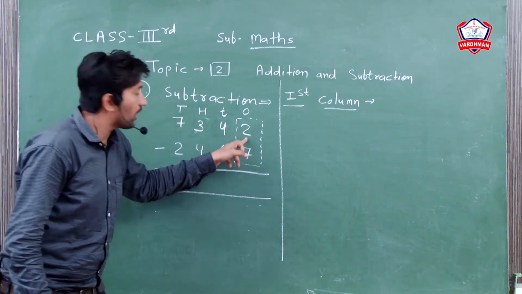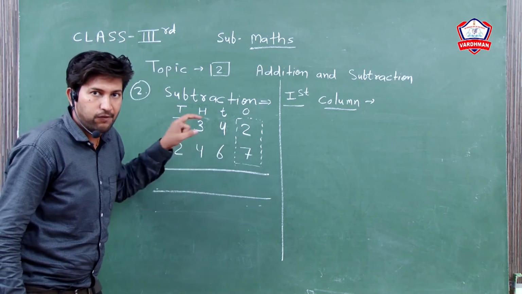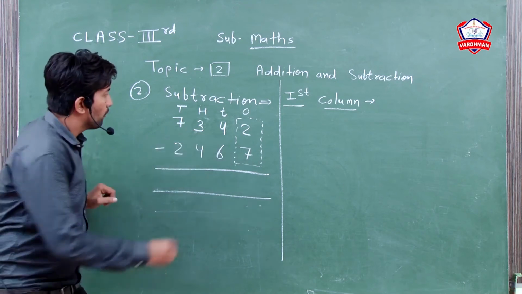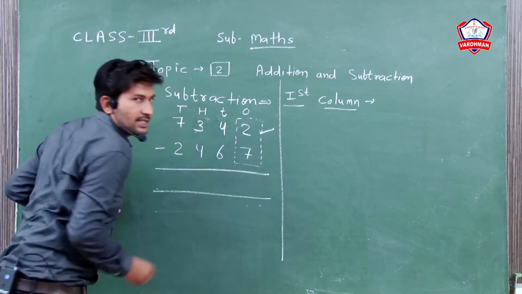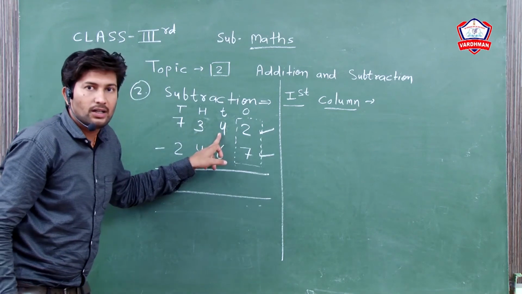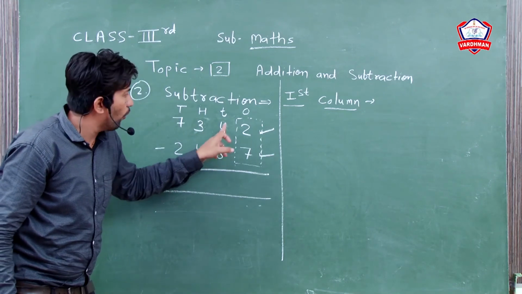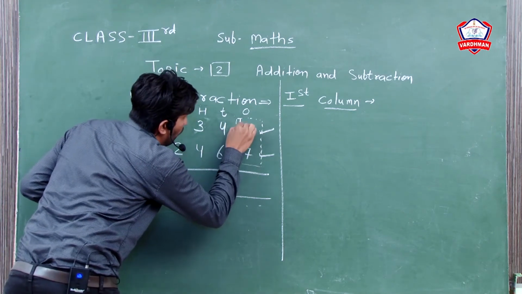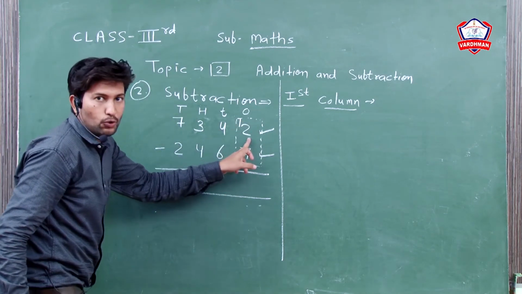Now we will take a borrow of one number from 4. Okay, because 2 is less than 7, 4 gives a borrow to the 2. Now 4 gives the borrow, it becomes 1 and 2, 12.